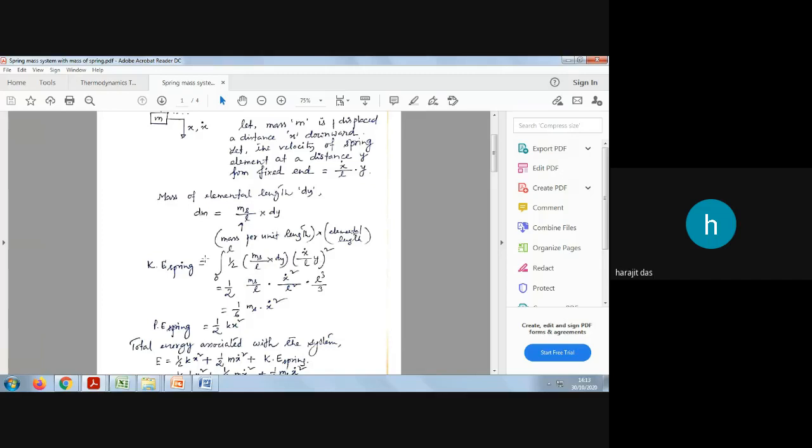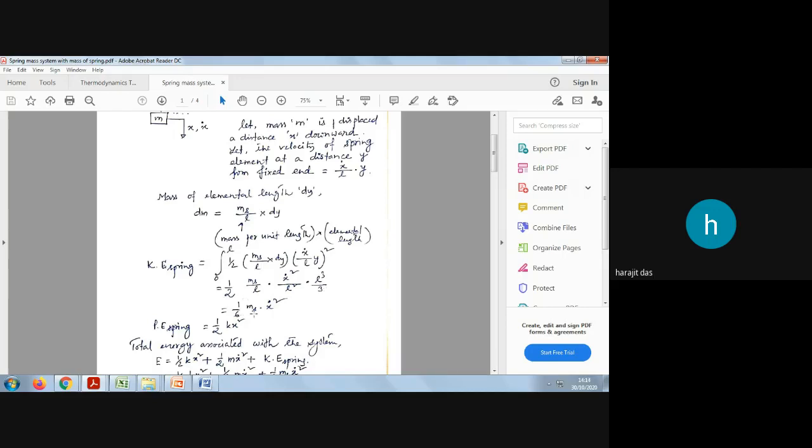If you put in the upper limit minus the lower limit, you will get L cube. After simplification, L cube cancels out, and only the ms and x dot terms remain. So 1 upon 6, because 2 into 3 is 6.